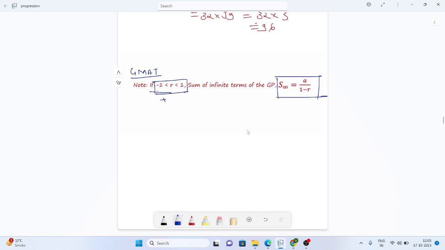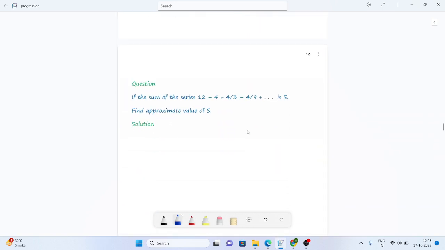If r is, say, equal to 2, then they don't ask for the infinite terms of a GP. This is only applicable if r is between minus 1 and 1. So the formula for infinite terms of GP is a upon 1 minus r. Okay, so note this down. Now we do some questions on this.